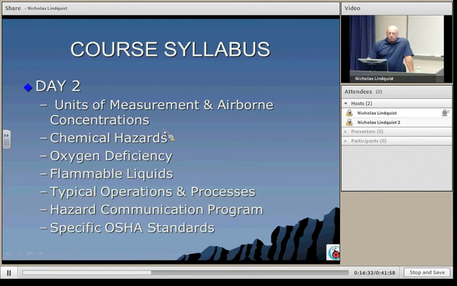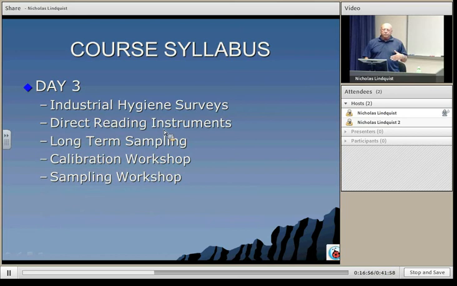Now that workshop will be attended by those people who are in the in-class session, but anyone who is online who wants to come to that workshop and have the opportunity to work with the instruments firsthand, you're welcome to come to that class. It will be in the afternoon after the lecture material. Again, that will be on a Friday. The date is on the syllabus, the 3rd Friday.